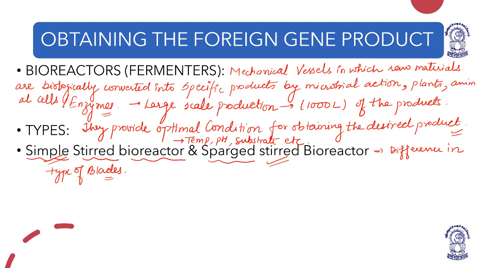The stirring type bioreactors are of two types, simple and sparged. These differ in the different types of blades which are attached.